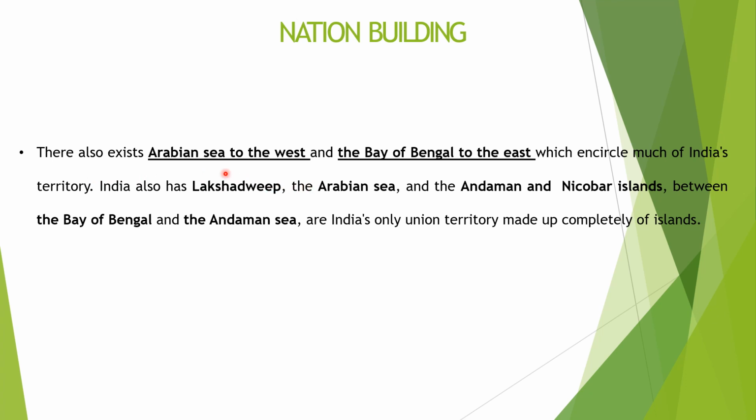Further going ahead, there also exists the Arabian Sea to the west, Bay of Bengal to the east, which encircles much of India's territory. India also has Lakshadweep in the Arabian Sea, and the Andaman Nicobar Islands between the Bay of Bengal and Andaman Sea. We see it has a union territory made up completely of islands.